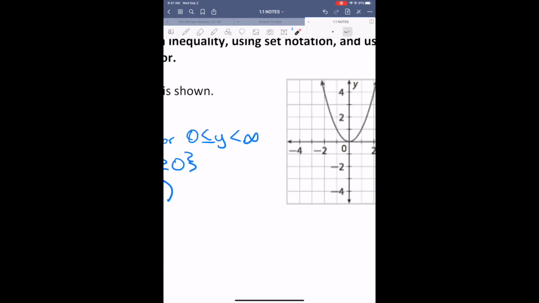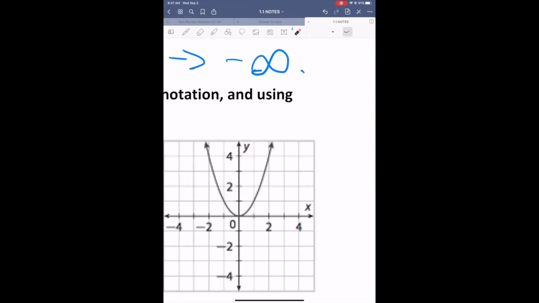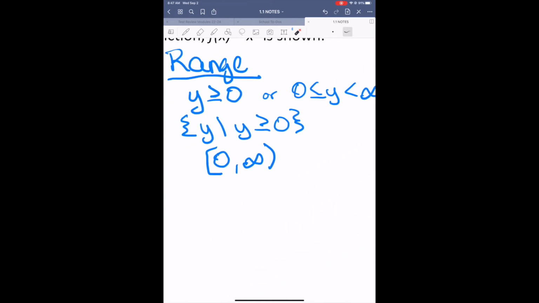Okay, so looking at my function here, as x approaches infinity, what are our f of x values doing? My arrow's pointing up, right, on the function, which means that my function is extending up. So as x approaches infinity, this here is x approaching infinity, f of x is also approaching infinity.